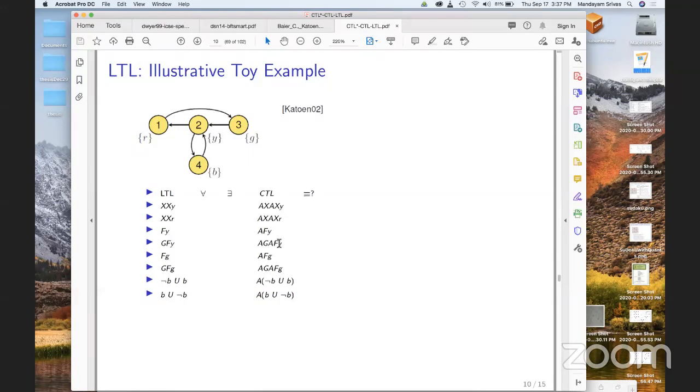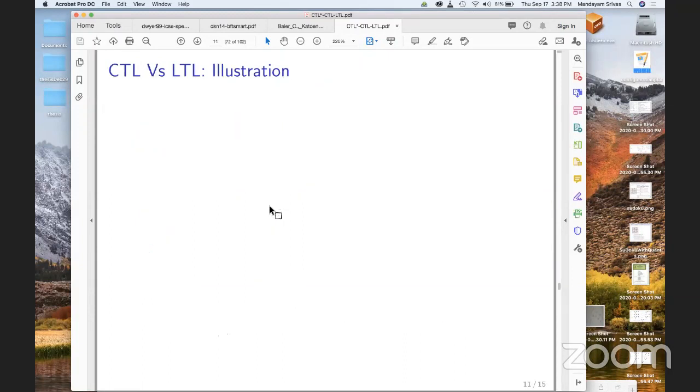That is what I want to stress. We will see the impact of the restriction that CTL requires pairing up the path quantifiers with the temporal operators. For that, I will move to the next example.